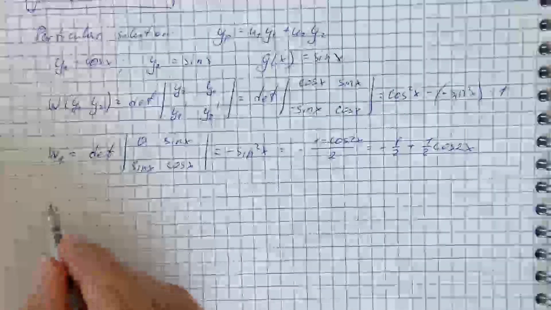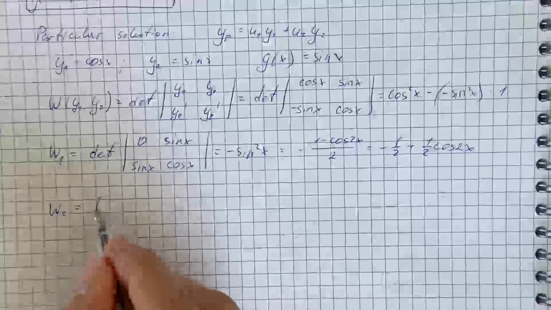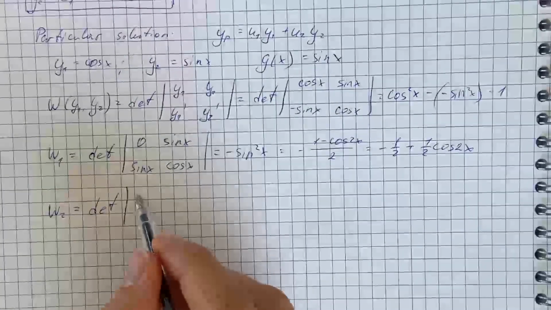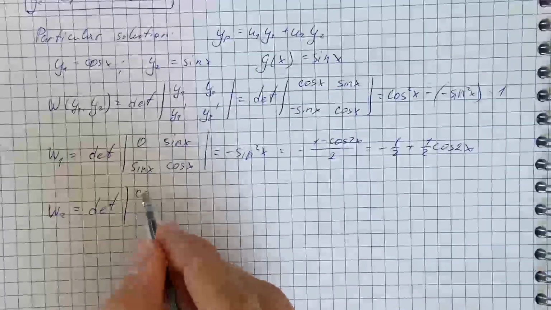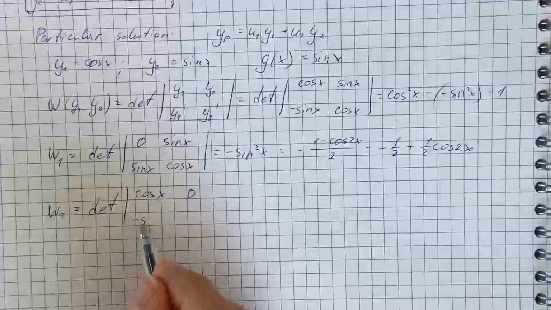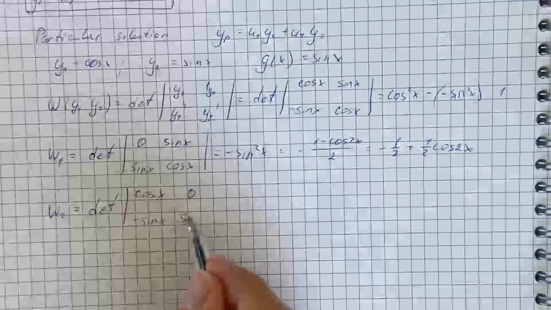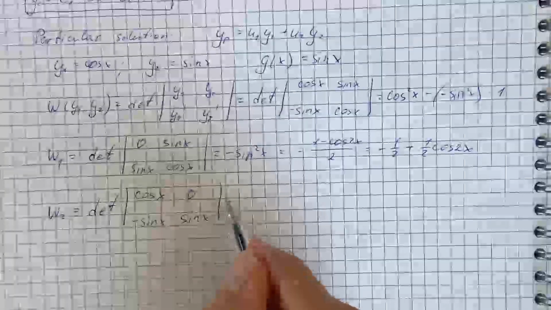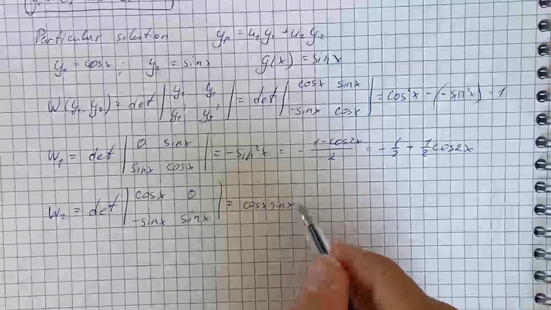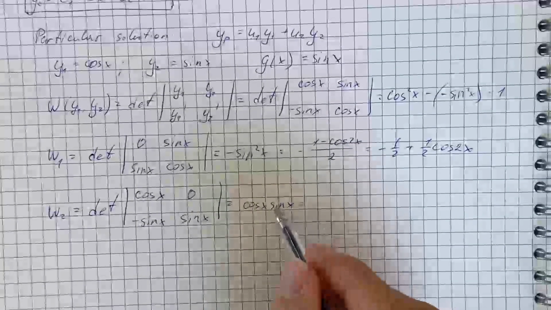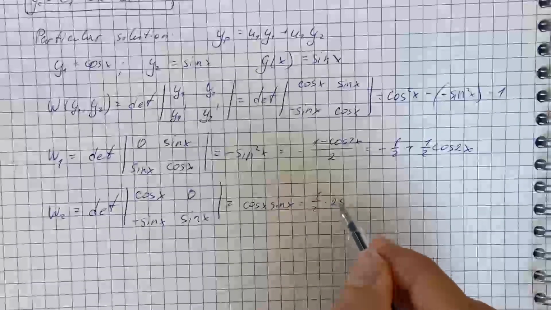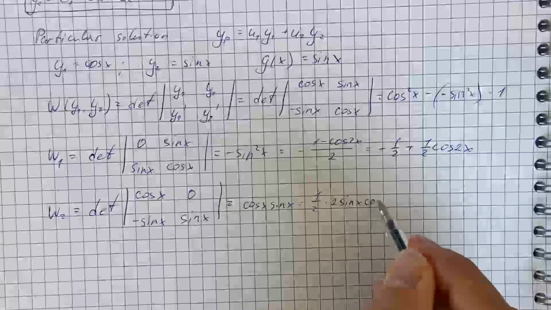Now we're going to do the same. So now we're going to take the determinant where y1 is cosine of x. Instead of y2 we have 0, here negative sine of x, and here just sine of x. So that's going to be cosine of x times sine of x minus 0, and we can rewrite this as 1/2 times 2 sine of x cosine of x.